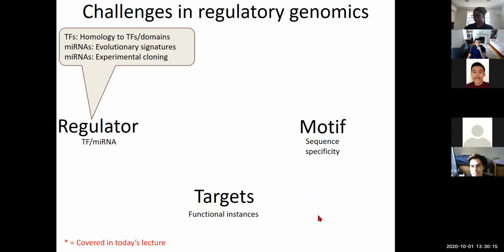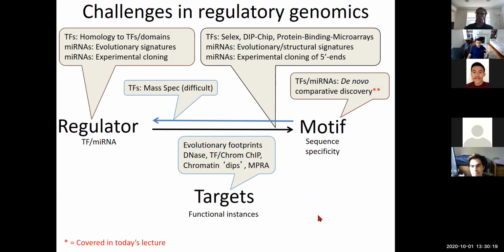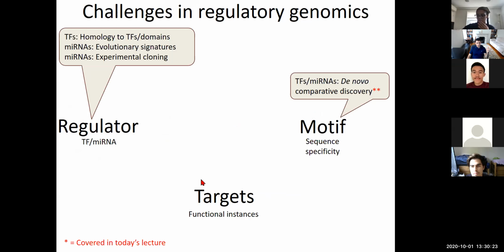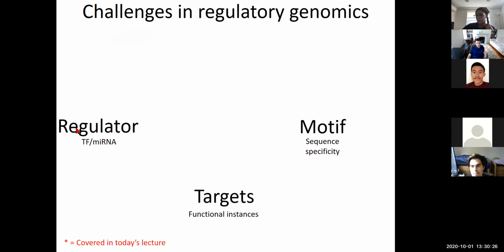So we're going to be talking about multiple challenges in regulatory genomics, and these challenges have to do with what I have and what I would like. There are three classes of objects. There are motifs, which are the generative models that I talked about. There are targets, which are the individual instances of those motifs.